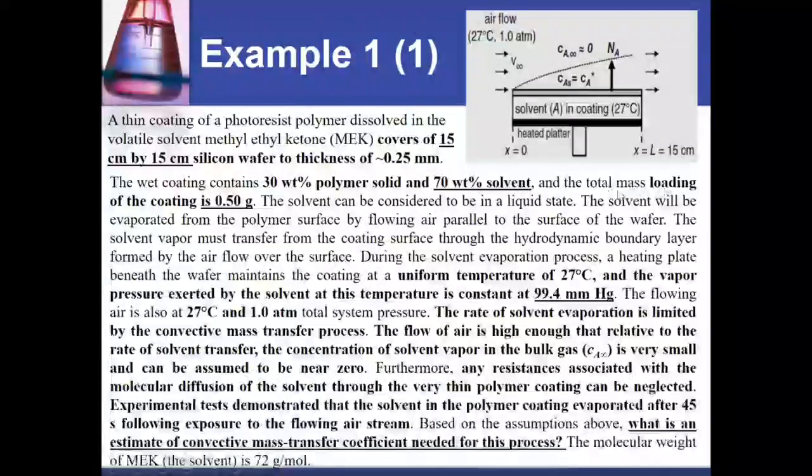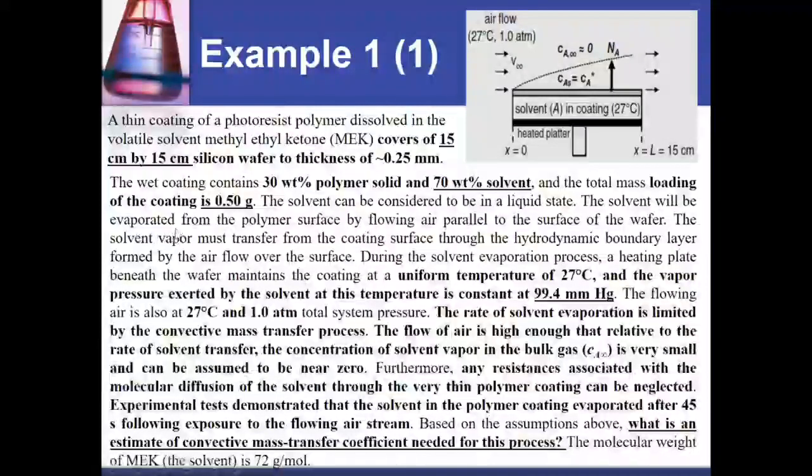The total mass loading of the coating is this: the total mass of the solid polymer plus the liquid solvent is 0.5 gram. The solvent can be considered to be in a liquid state. So we can say this will be like a gel, but the polymer stays as solid and the solvent is liquid.